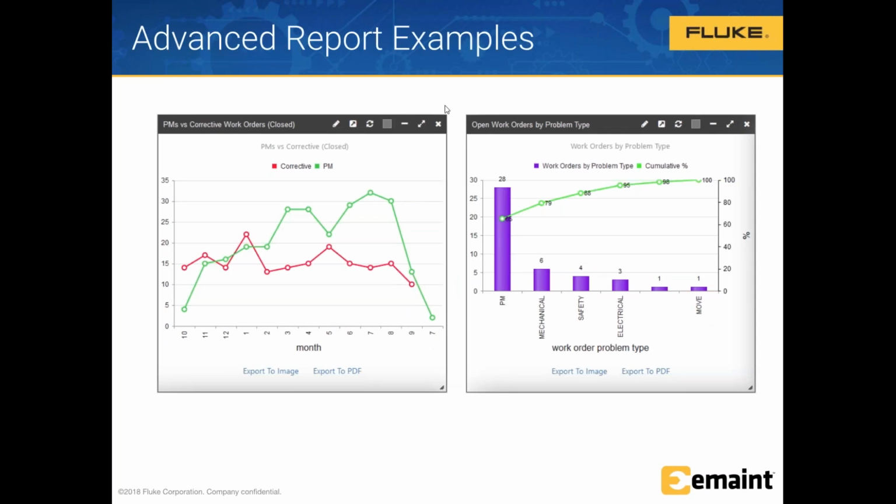Here are a couple examples of advanced reports. The very first report, you can see we have the corrective versus PM for closed work orders. Here you can see the corrective being higher than the PMs, and that's something that you typically don't want. You want to try to have your PMs, or your preventative maintenance, be higher than your reactive maintenance.